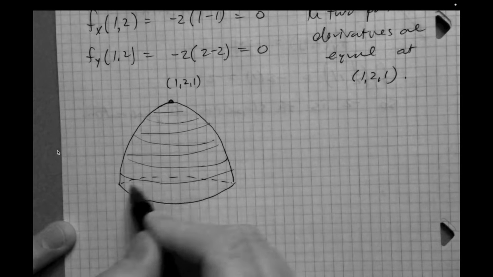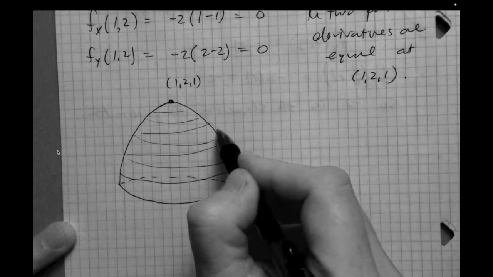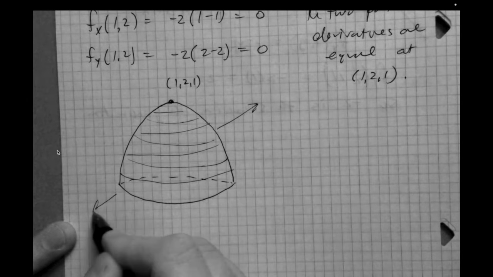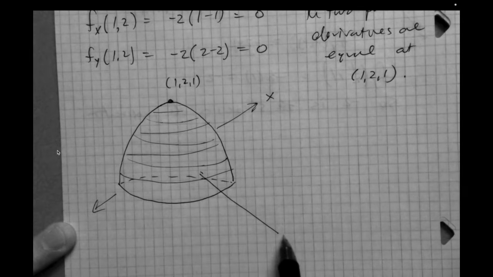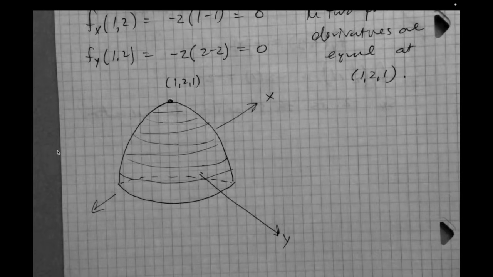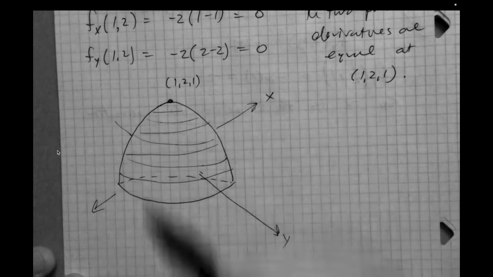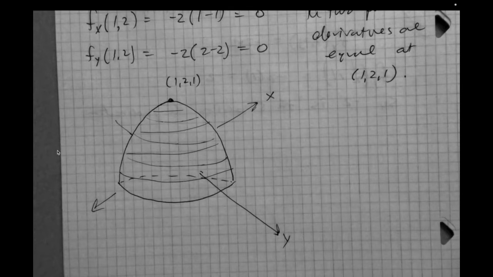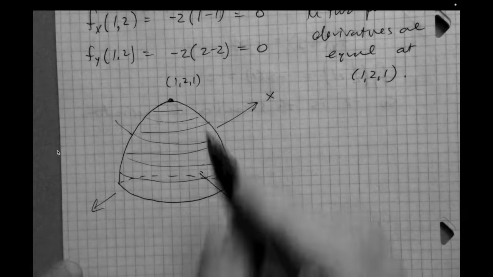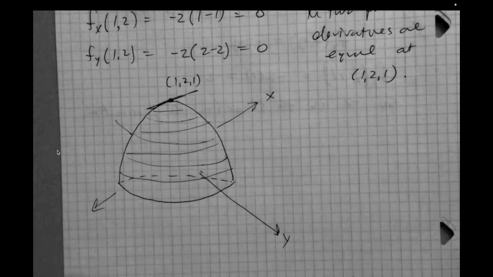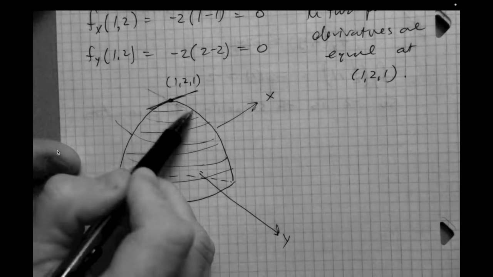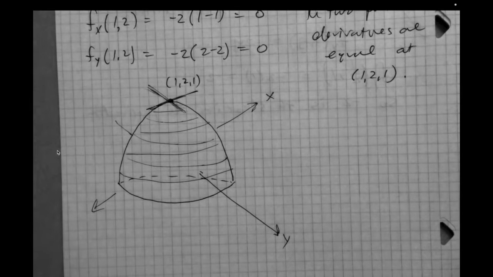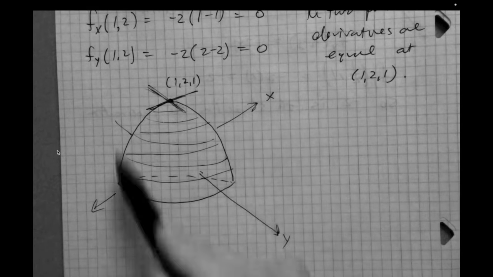Okay, and so maybe your x-axis is in this direction, and your y-axis would be perpendicular to that, or something like that maybe. Okay, and so the slope in the x direction is perfectly flat, and the slope in the y direction is perfectly flat as well, meaning it's parallel to the axes.